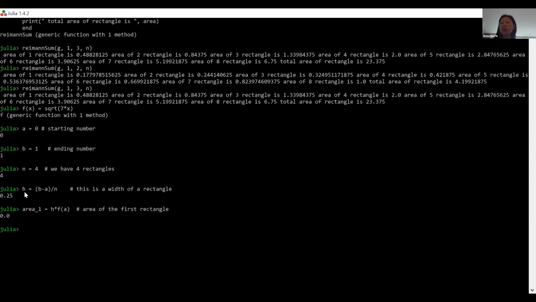What's the next one? I'm going to do area 2, the second rectangle. That means I'm going to add h. My second one is I'm adding h.